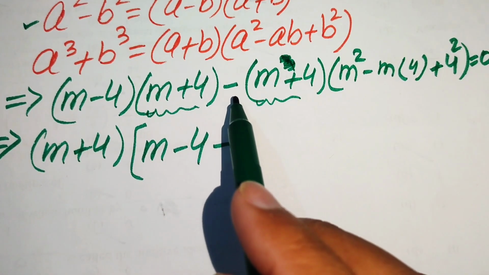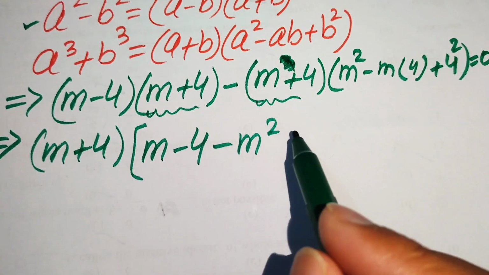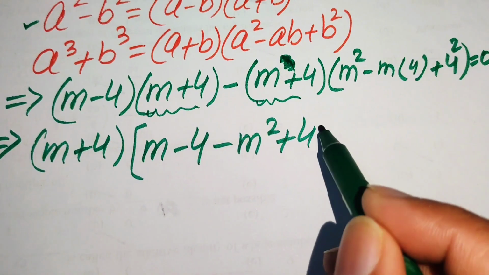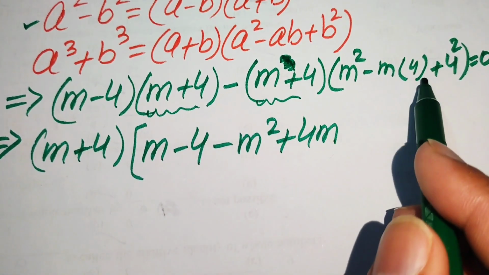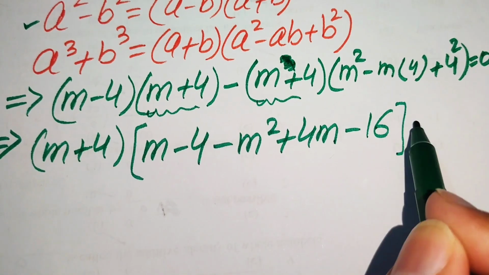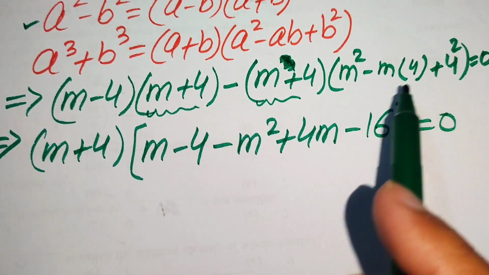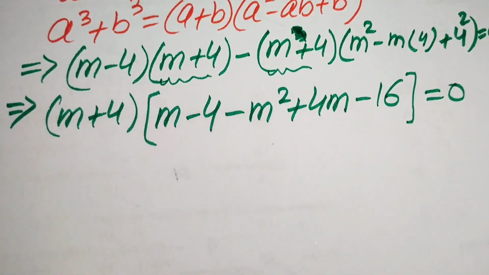We multiply this negative sign on all of these terms, and it is written as minus m² plus 4m, and here this is 4², and it is minus 16 equals 0. We just multiply this negative sign on all of these terms, and you get the output in this form.